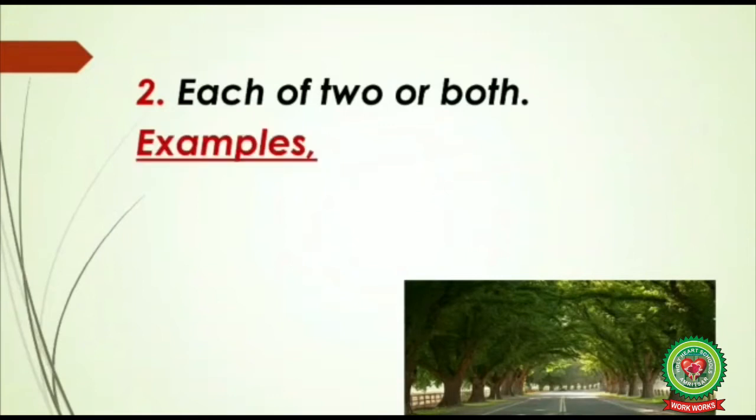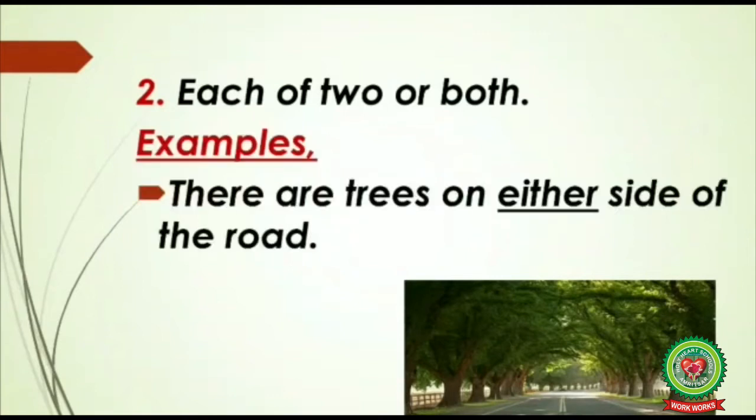For example, there are trees on either side of the road. It means there are trees on both sides of the road. Students, know that if we will use both in the sentence, we will say both sides.